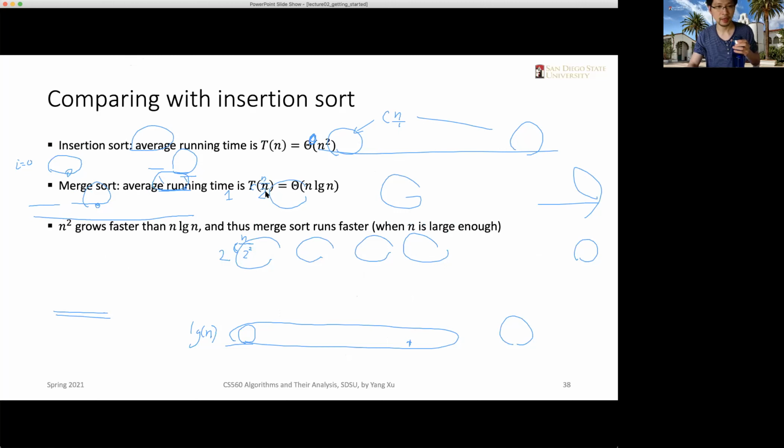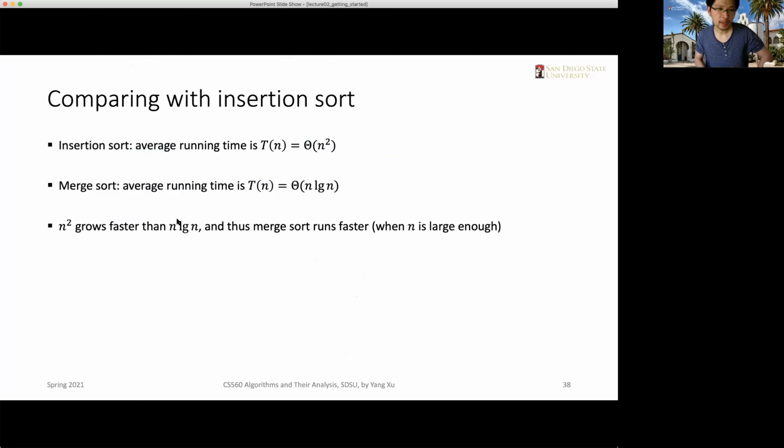Okay, and we will see that. Let's finish this slide. Compare with insertion sort, the average case is a quadratic function. And to come to that conclusion, we analyzed the worst case, right?